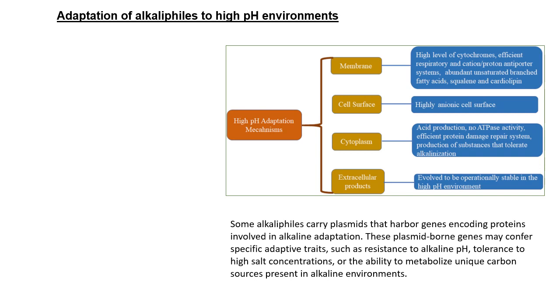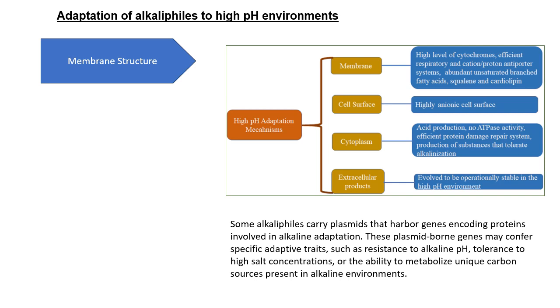Now about the adaptations of alkaliphiles at high pH environment. They must have adapted to it, right? So let's see what are the adaptations. So membrane structures. Alkaliphiles often possess unique membrane composition that enables them to maintain pH homeostasis in alkaline conditions.